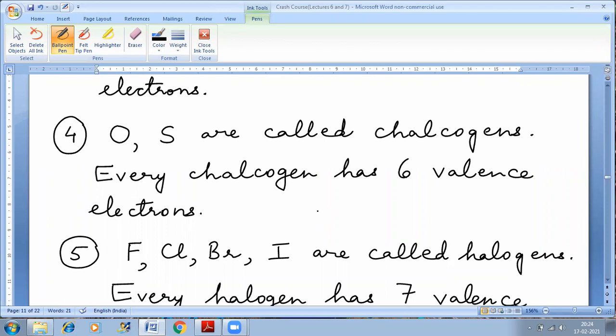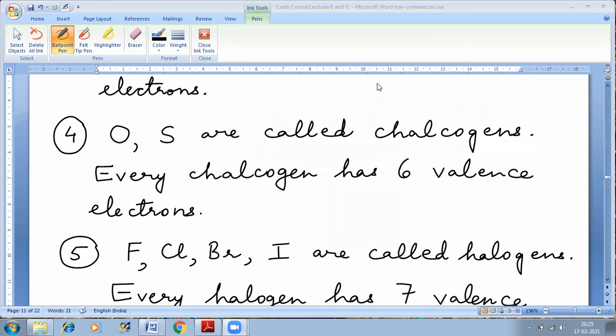I cannot call a compound a hydrocarbon if it has carbon, hydrogen, and also something else. Oxygen is present in some functional groups like carboxylic acid, aldehyde or ketone. I cannot call such a compound a hydrocarbon because in a hydrocarbon, no other element except carbon and hydrogen is allowed. So oxygen is not allowed, nitrogen is not allowed, sulfur is not allowed.